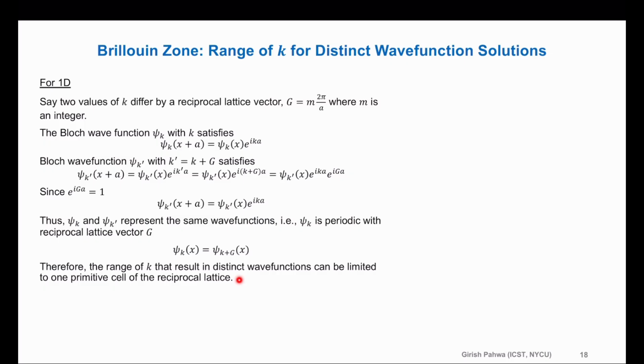The Brillouin zone is the primitive cell of the reciprocal lattice. Here I am saying that the primitive cell of the reciprocal lattice will always contain distinct values of the wave function. So basically the Brillouin zone can also be defined as the range in which you will always have distinct wave functions.